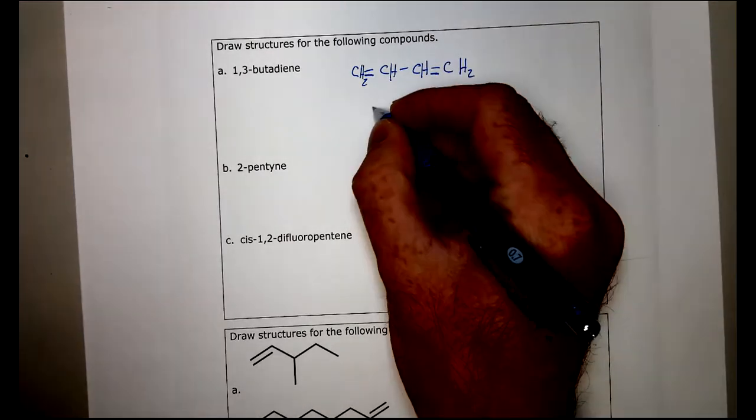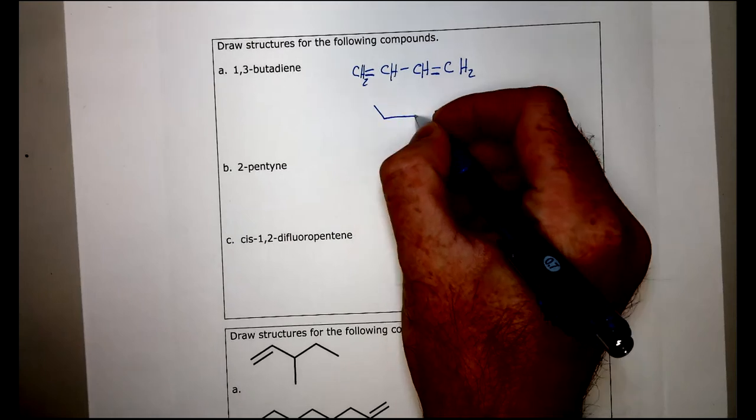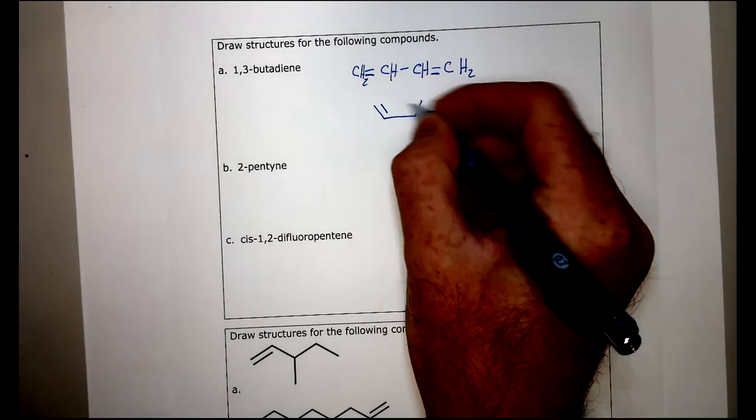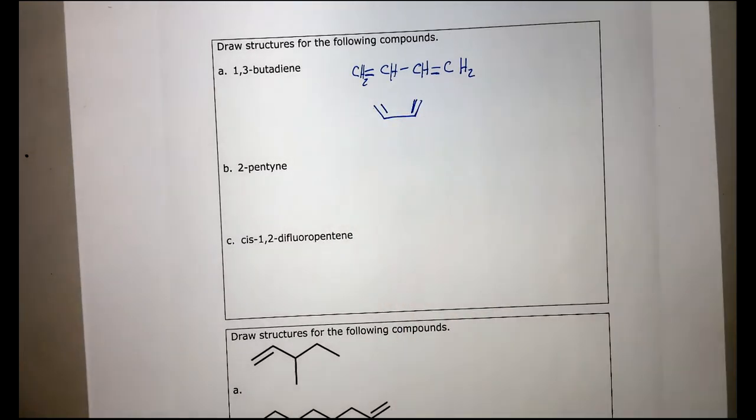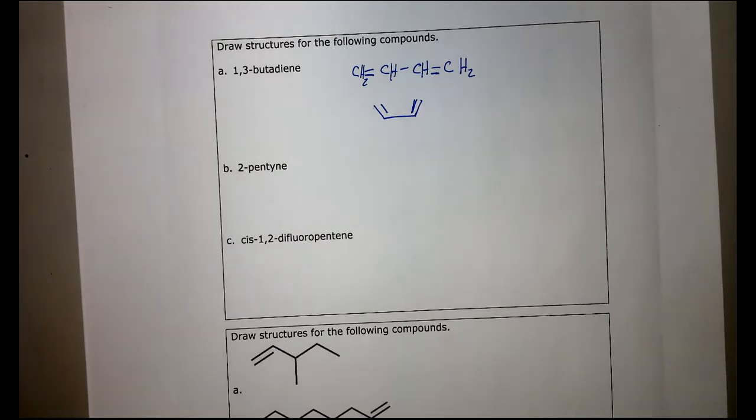Or some people draw it more like this, where you've got a double bond here and here. Either way, you have 1,3-butadiene. So the double bond is numbered based on the atom where the bond starts, not where it finishes.